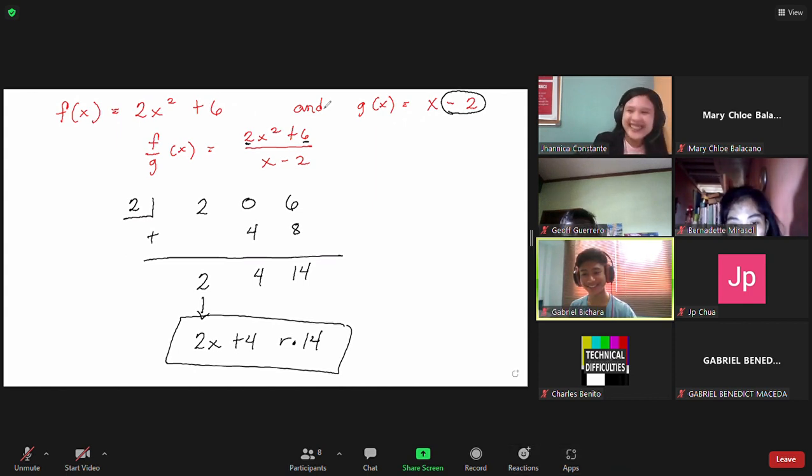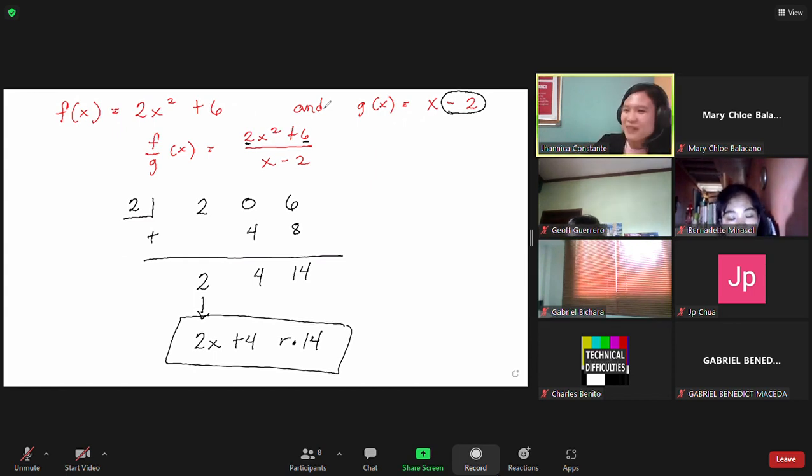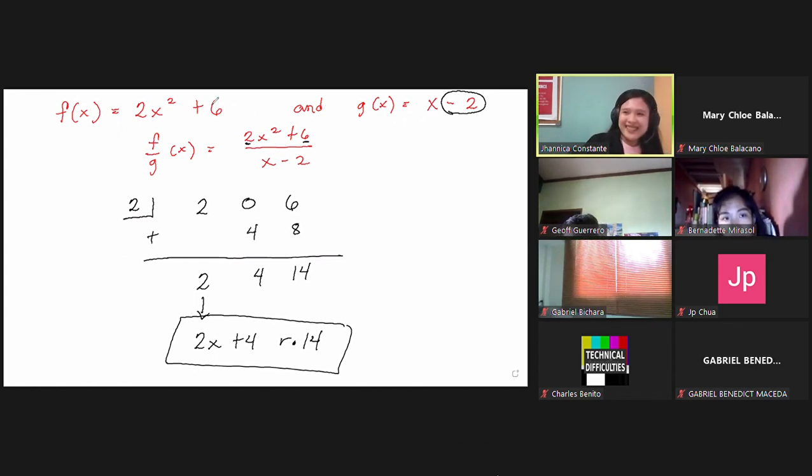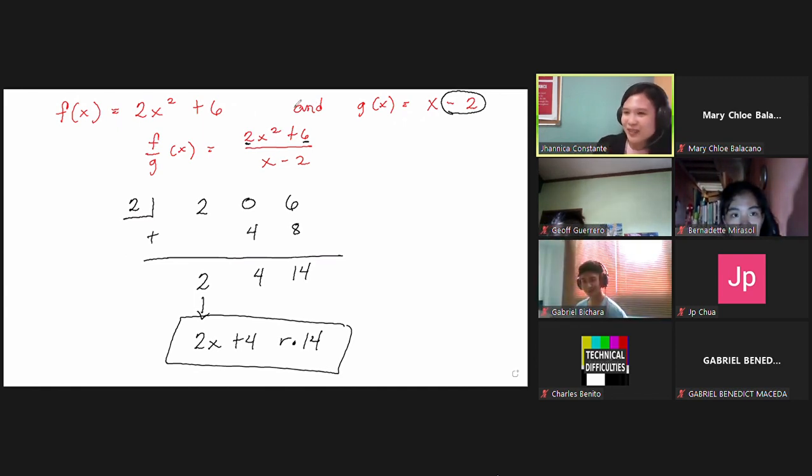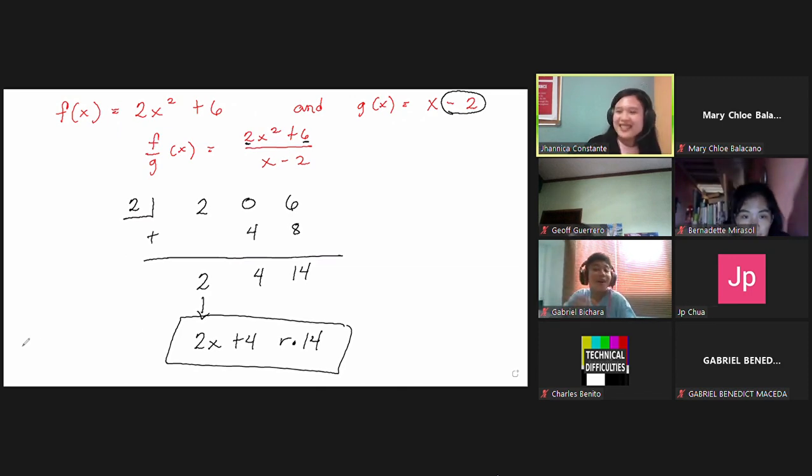This is no good. Sige, let's try. We have radicals and square root. No, we will not be having radicals and square root in the function. Mukhang ang saya-saya nyo. Sige, lagyan na lang natin ng radicals and square root.